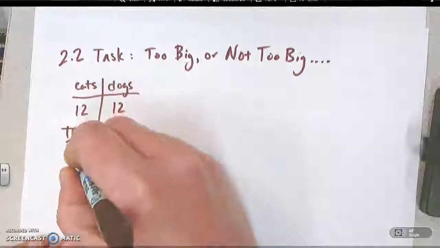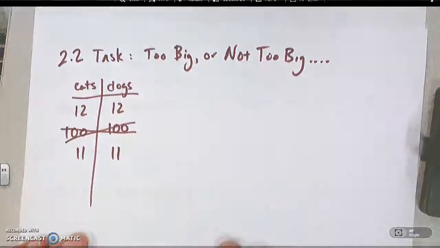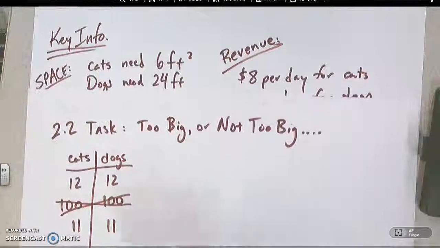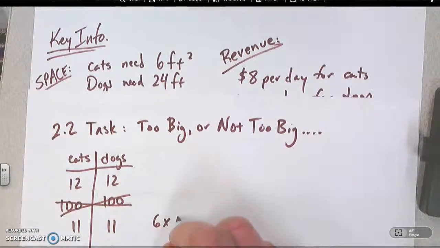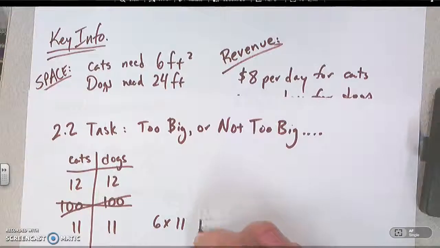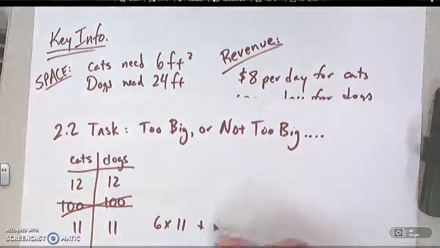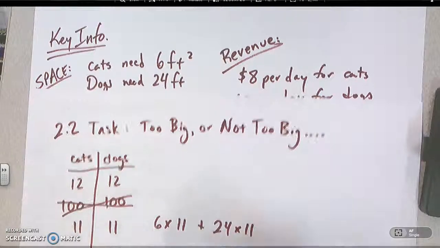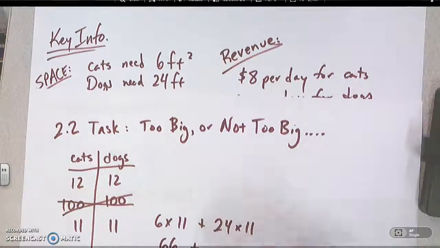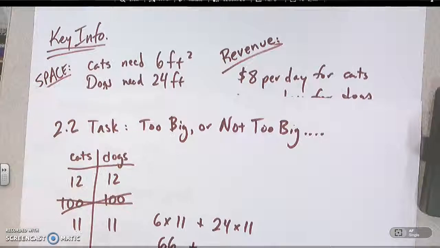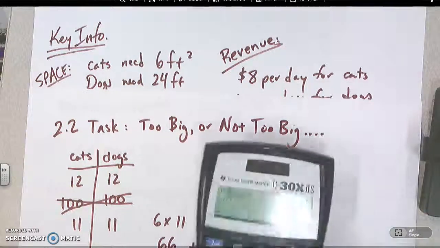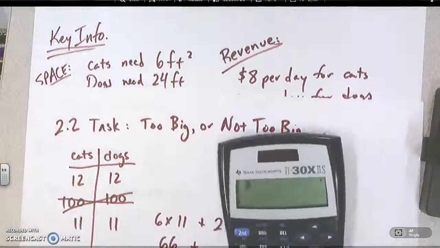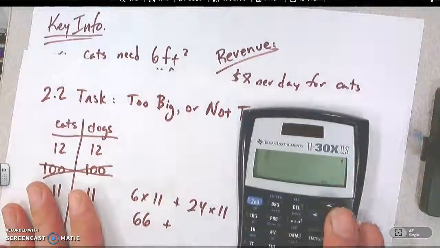So let's ignore that one because, again, that's the obvious answer. That's too big. What about 11 dogs and 11 cats? Okay. Well, 11 cats would take 6 times 11. And the dogs need 24 feet, so that'd be 24 times 11. Okay. And so this one I can do right now, 66. 24 times 11, okay, that's going to help to have a calculator. So, have your calculator handy. We're trying to do 24 times 11.